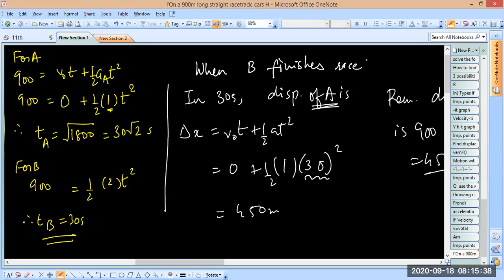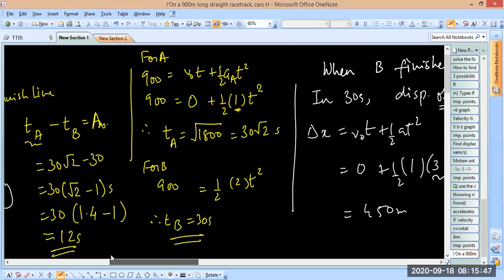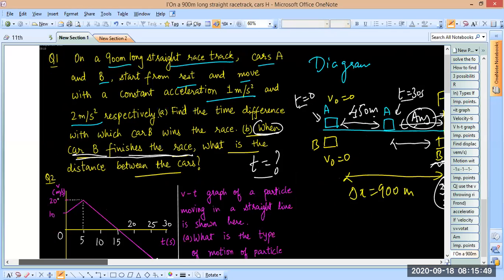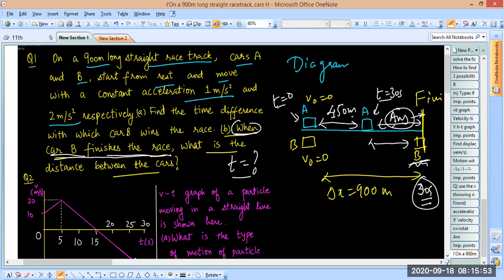All right, so this is it. Clear? This is the method. Hopefully this question would also have helped you understand that physics is not just maths. It's a bit more. You have to understand so many things.